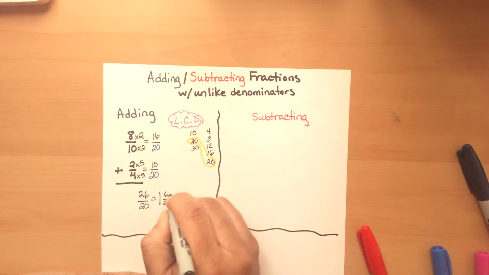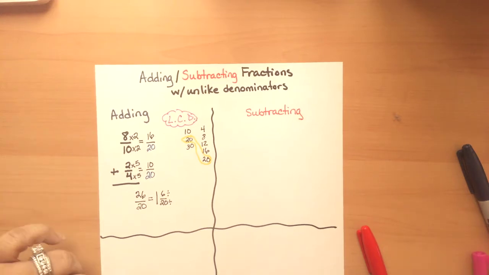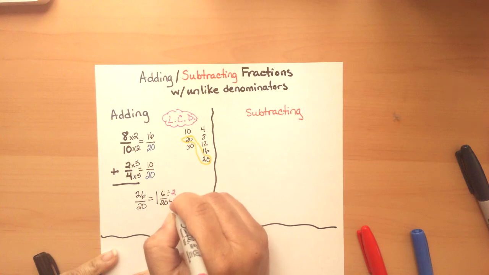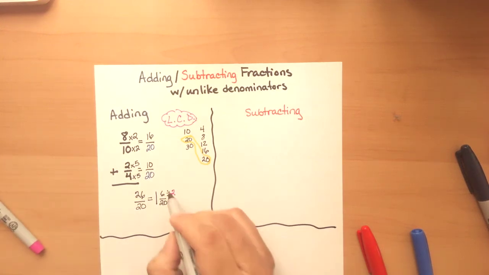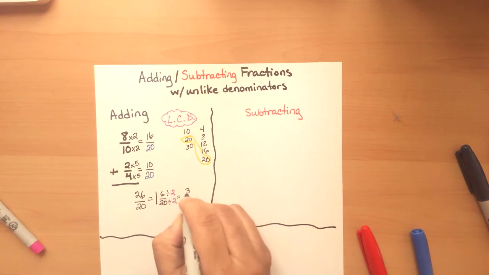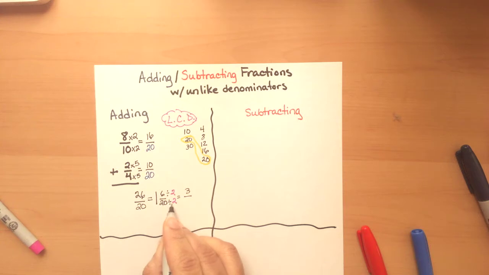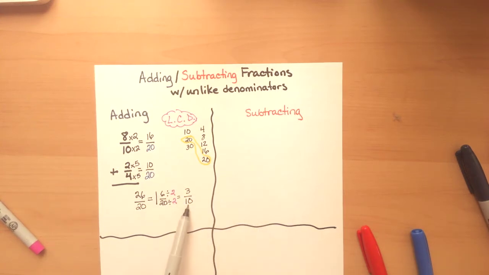So I'm going to divide both of these by 2 to get a simplified fraction, and 6 divided by 2 is 3, and 20 divided by 2 is 10. I know that this is simplified because 3 is a prime number.